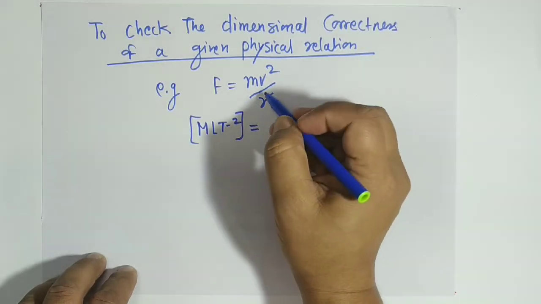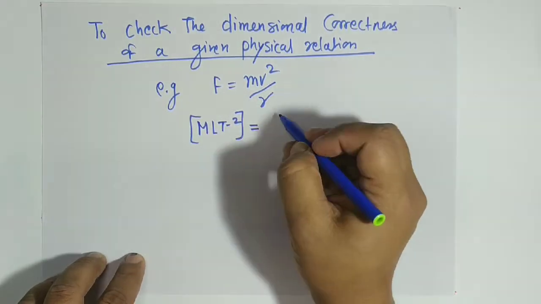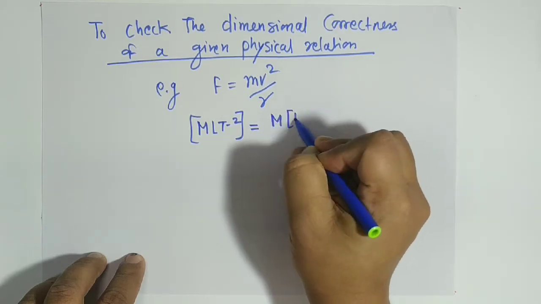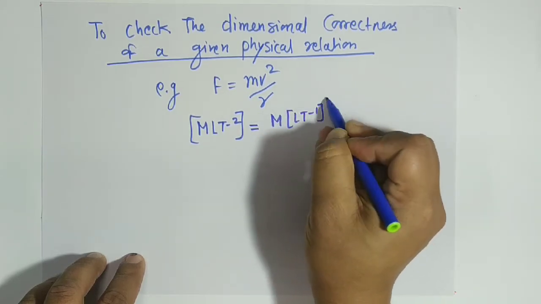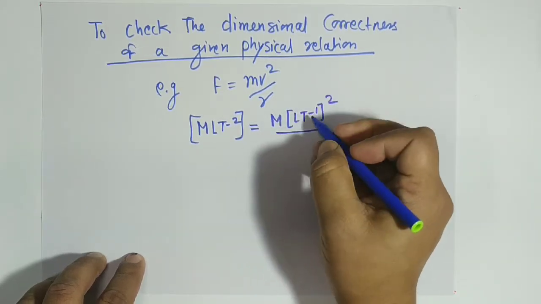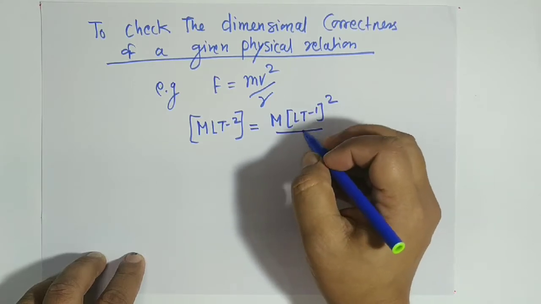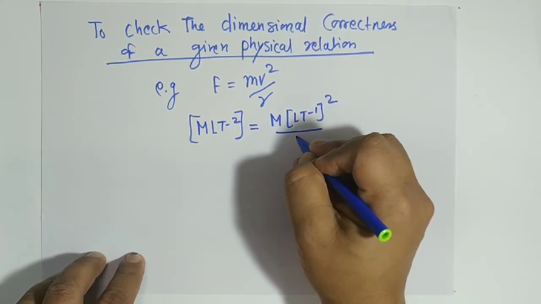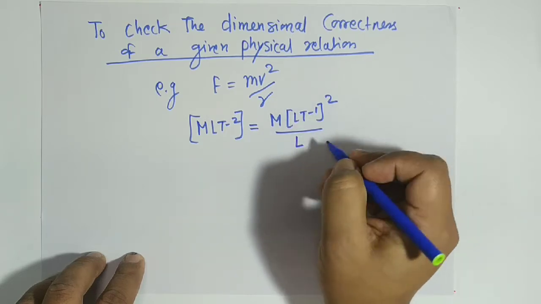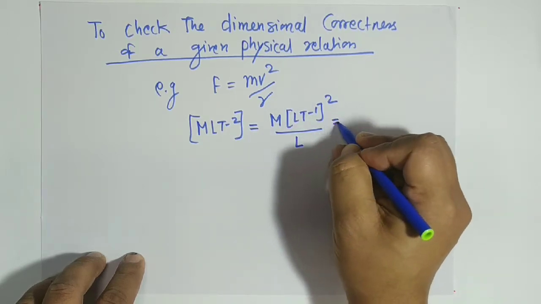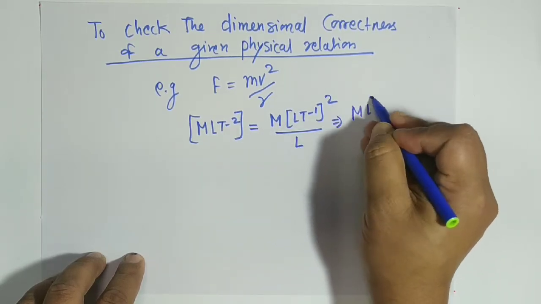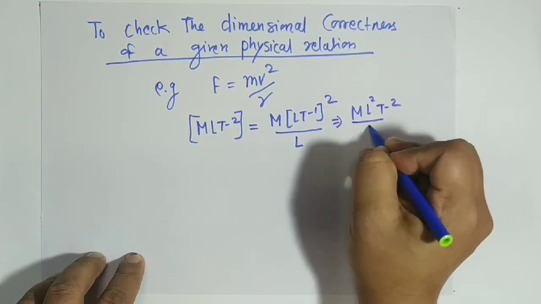And then if I put it here, the dimension of mass m, what is the dimension of velocity? LT minus 1 square by what? R is L. Got it? So this is mv square by r. If you solve it out, it becomes ML square T minus 2 by L.